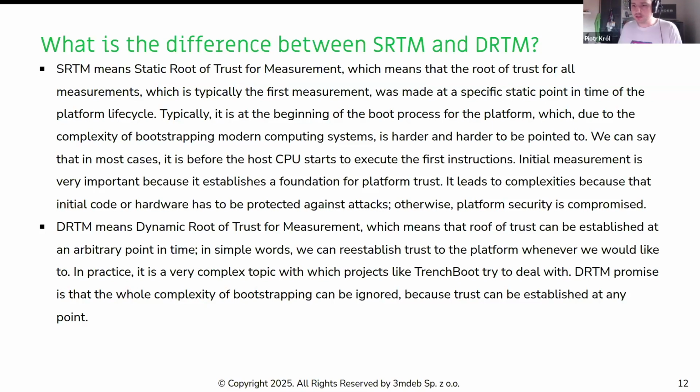Of course, this is a simplified view because I don't have time to go into more detail here, but essentially we have static root of trust for measurement, which happens at the beginning of the boot process of the platform. So at a given static point in time of the platform lifecycle, typically at boot.